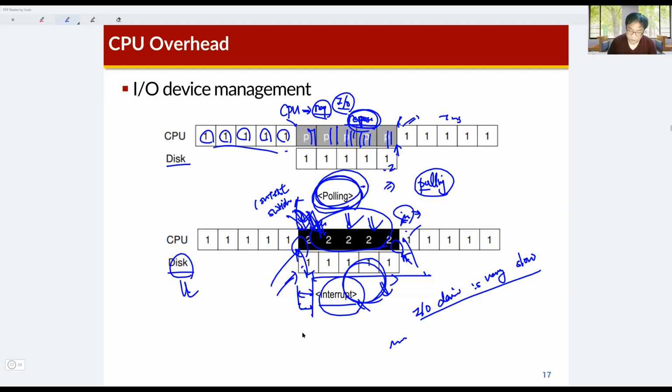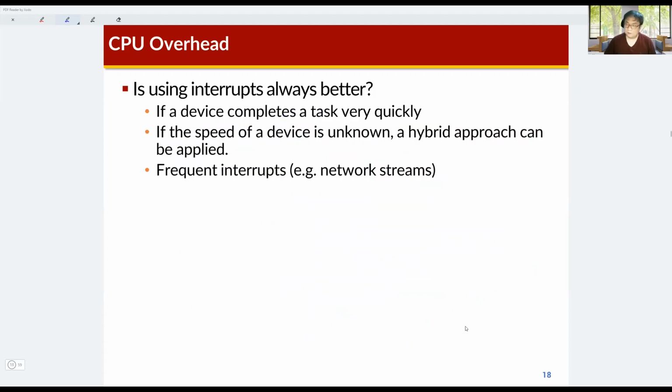So if the I/O device is very fast, then context switch will happen very frequently if we use the interrupt-based control. So that means the CPU performance will degrade. The performance overhead of this interrupt-based control will be very high. Okay.